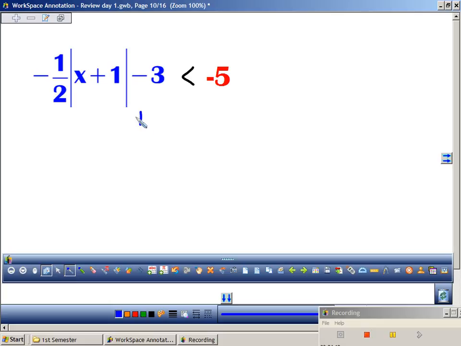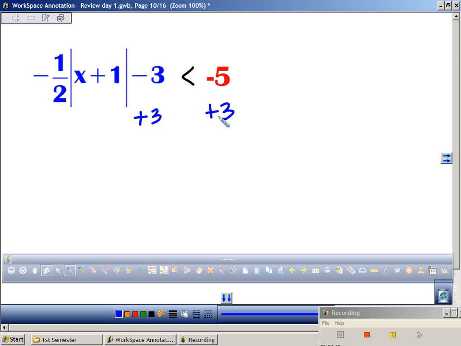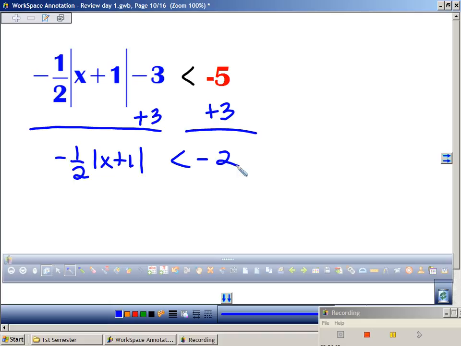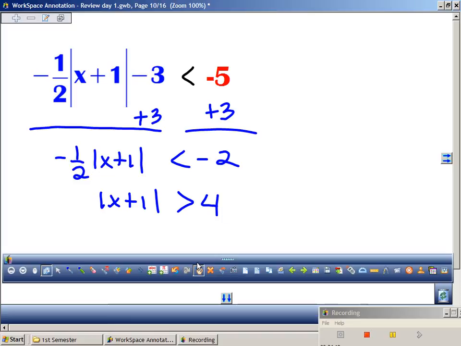Okay, so the first thing I'm going to do is I'm going to add 3 to both sides. This is algebraically now. And I get negative 1/2 the absolute value of x plus 1 is less than negative 2. And then I'm going to multiply both sides by negative 2. And I get absolute value of x plus 1 is greater than, sorry, my sign switches, and I get positive 4. So now I'm ready, and I've got 2 different solutions.